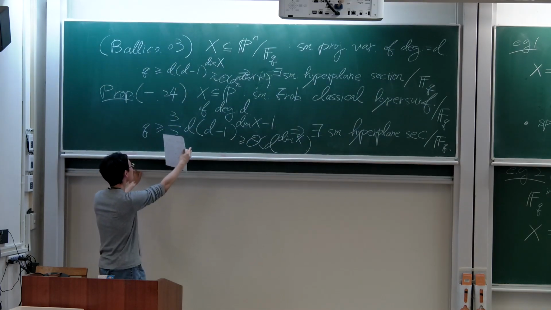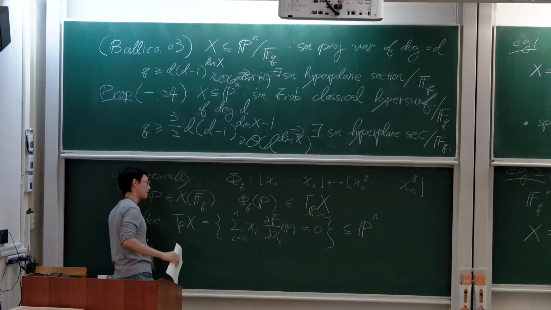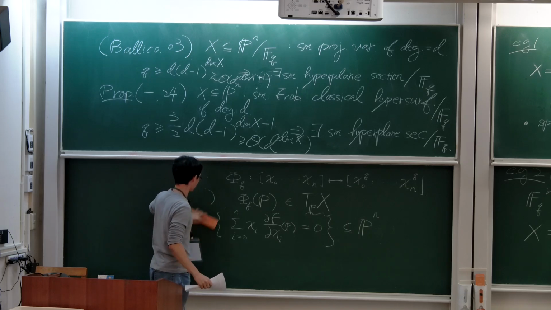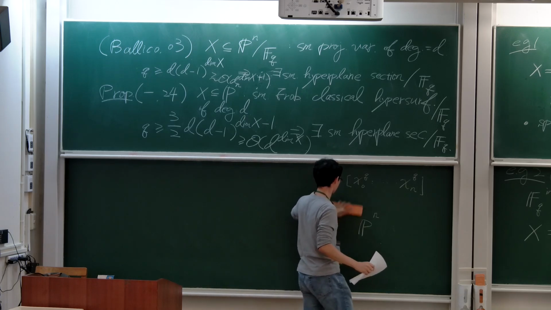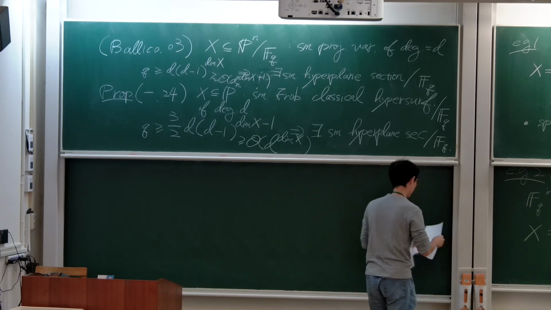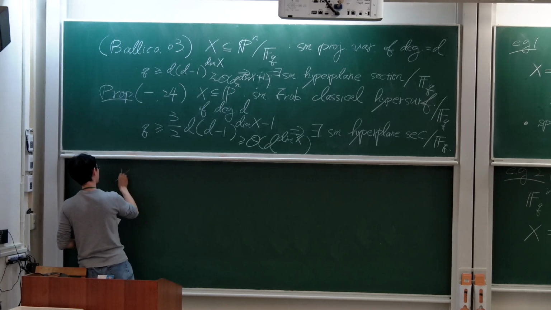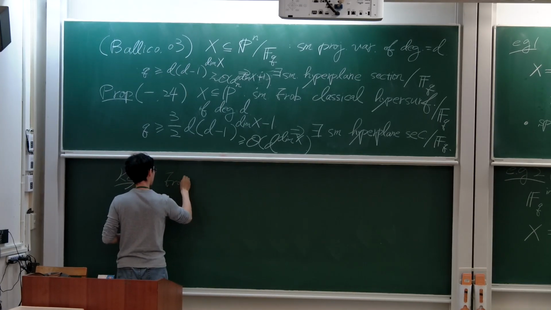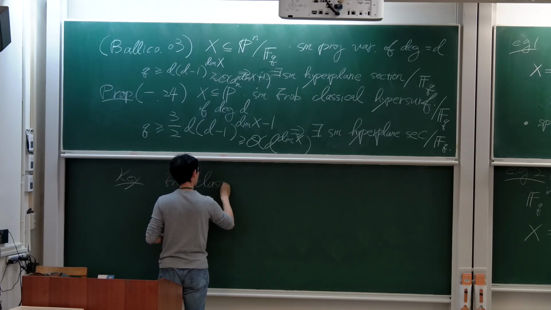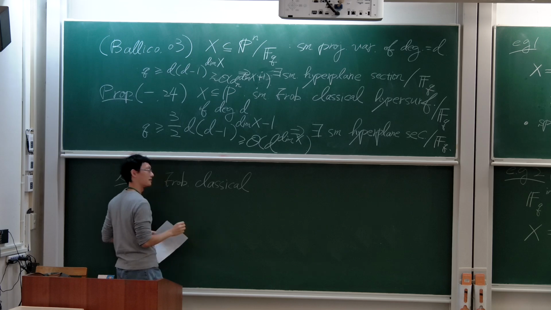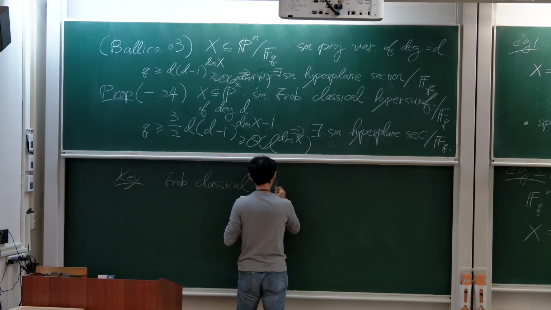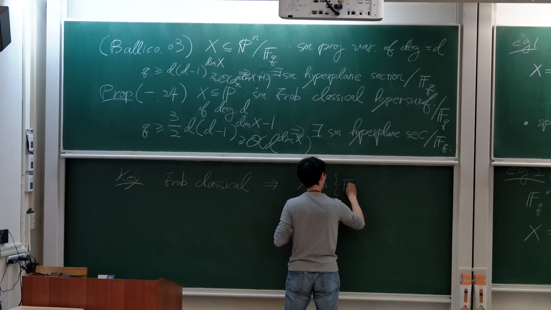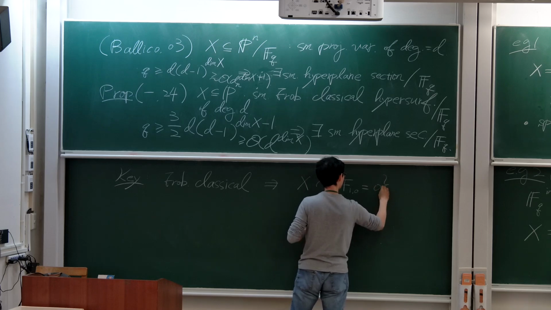The key thing behind this proposition is that Frobenius classical means it's not Frobenius non-classical, and it means that the intersection between X and F10 equals 0.